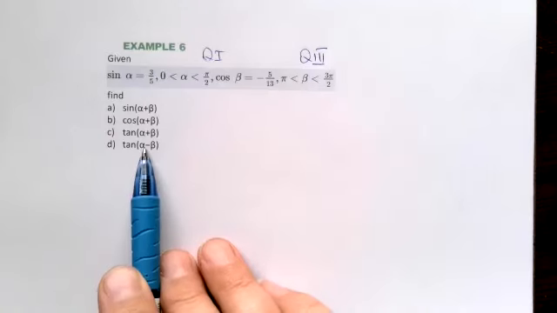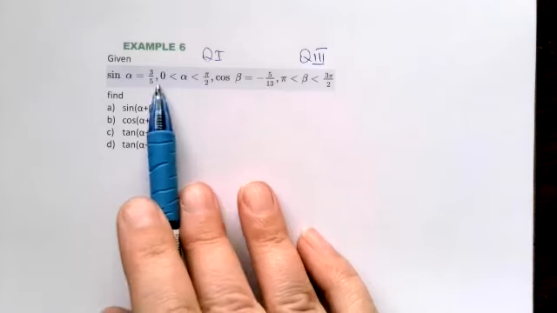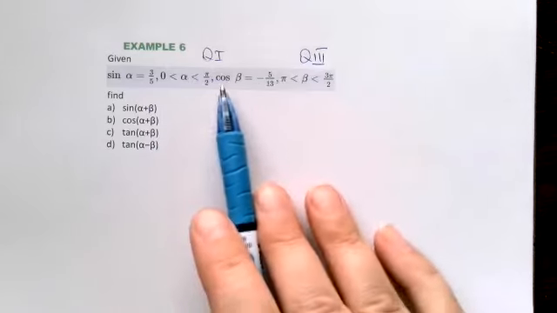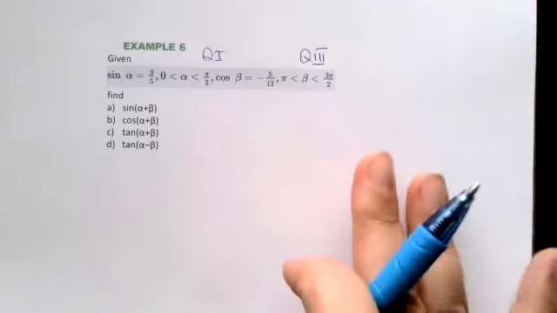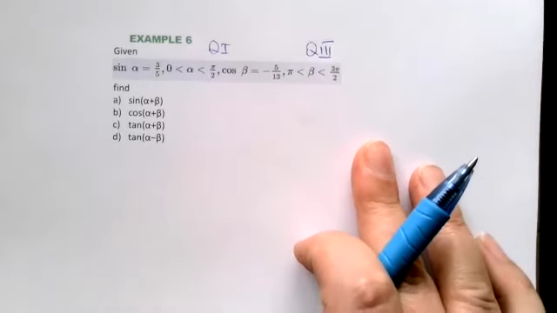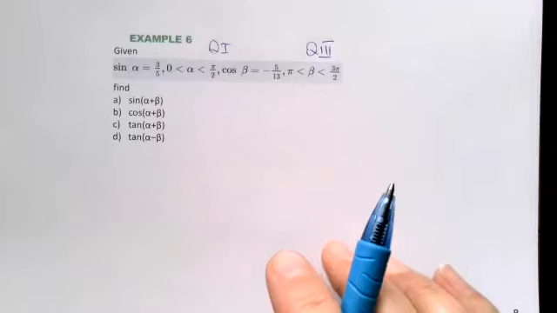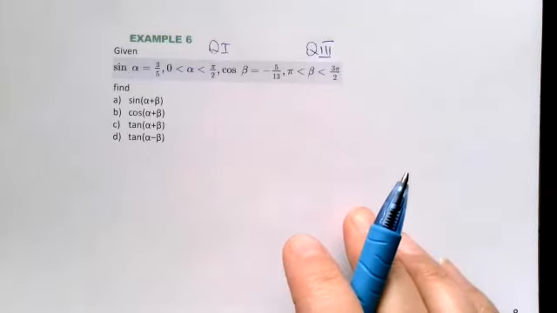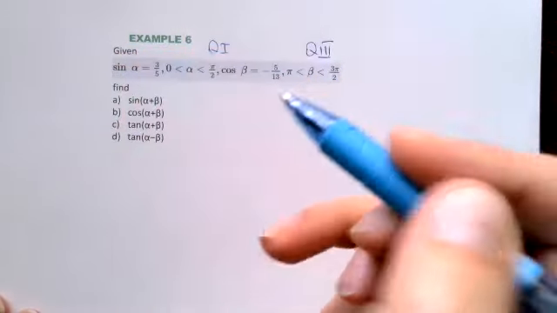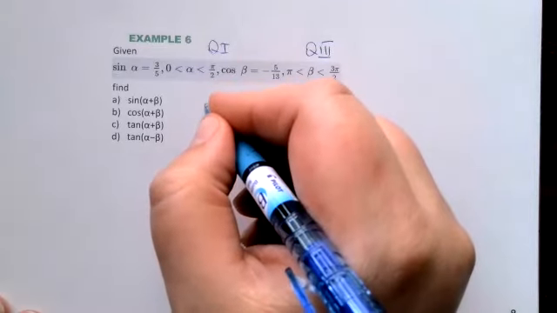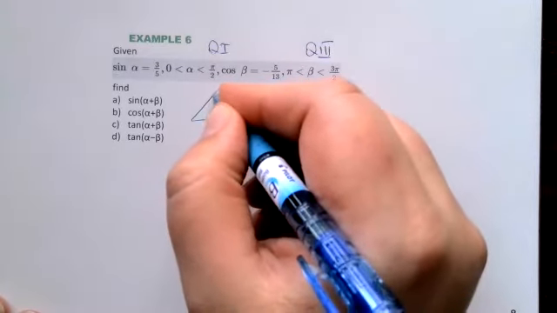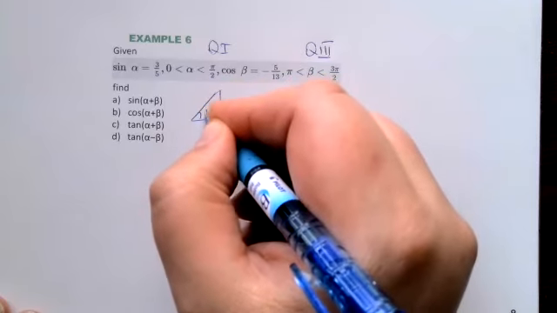So let's do that. We need to find all the sine, cosine and tangent of alpha, and sine, cosine and tangent of beta. Well, the cosine of beta is given, so I guess just sine and tangent. Okay, so let's do that. We know that sine alpha is 3/5, so we're going to draw a triangle with alpha.